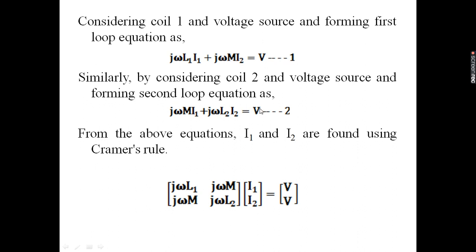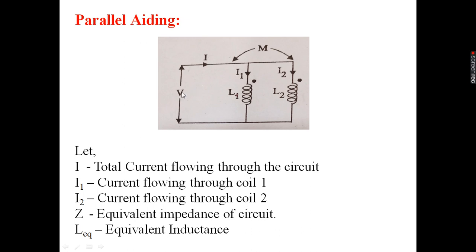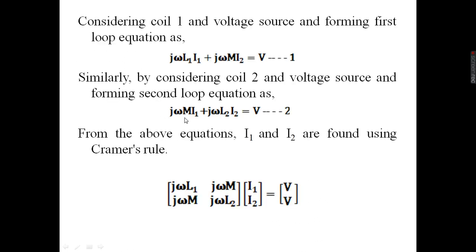Similarly, considering coil 2 and the voltage source, we can form the second equation. The self-induced voltage is the reactance J omega L2 times the current I2, and this other term is the mutually induced voltage.